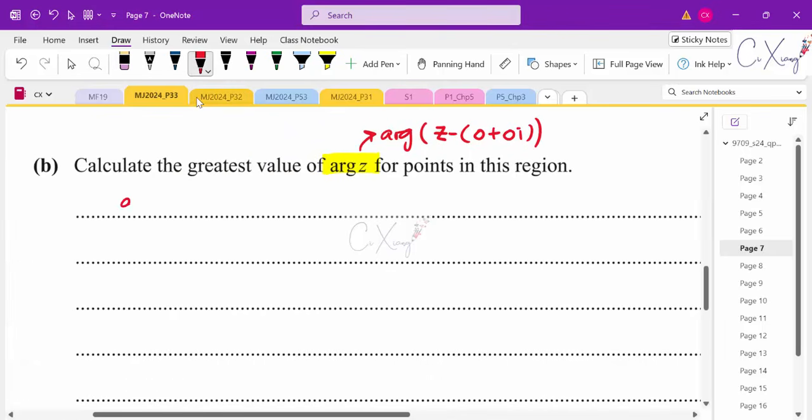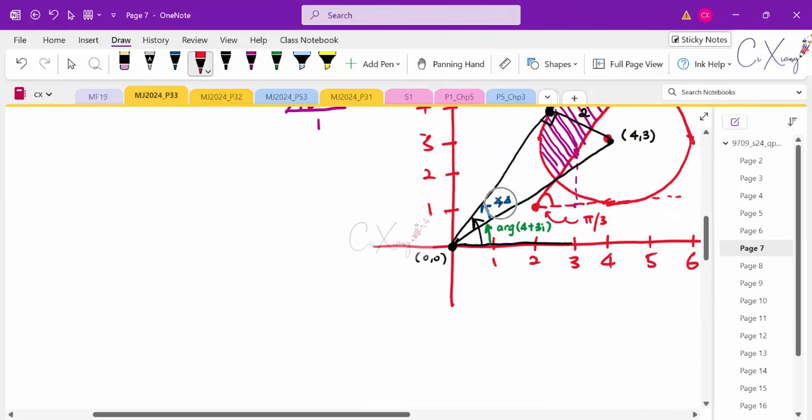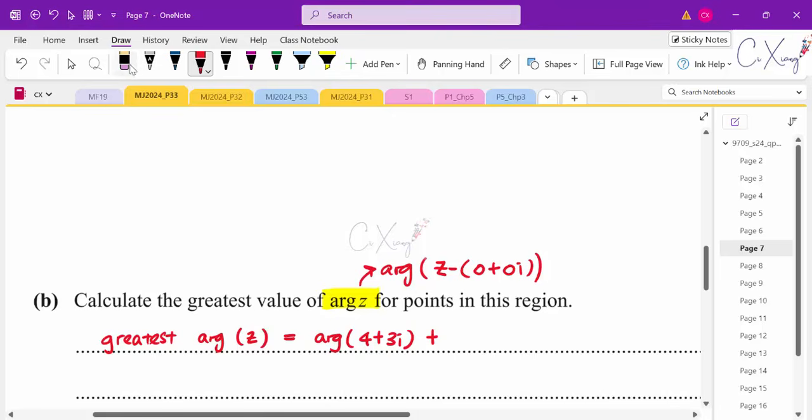Okay, so to calculate the greatest argument z, maybe I write greatest argument. From greatest argument z, I know that I have to use the argument of the point 4 plus 3i, and then add, like what I told you just now, the angle in the triangle. So I use green color again.